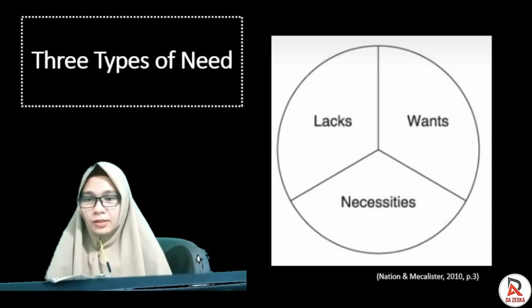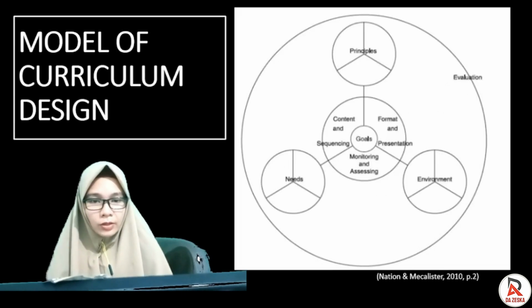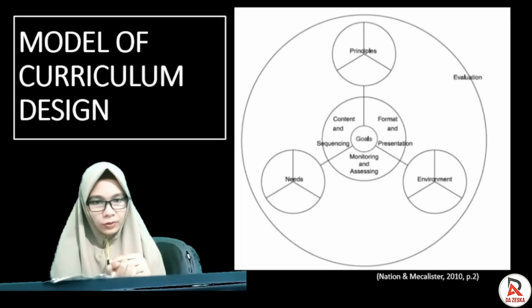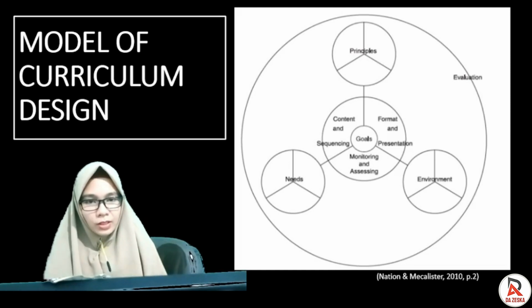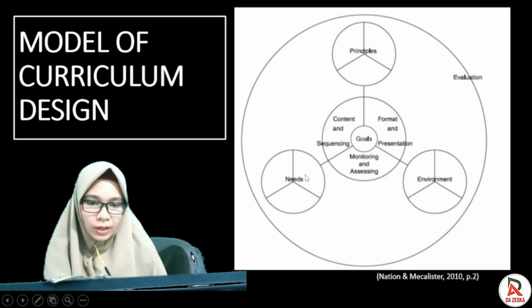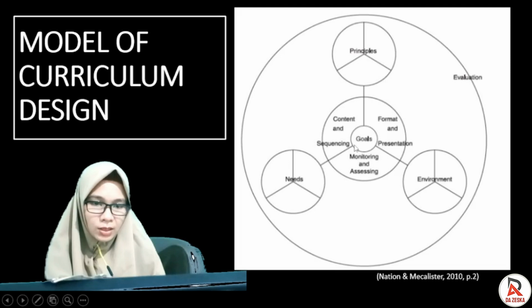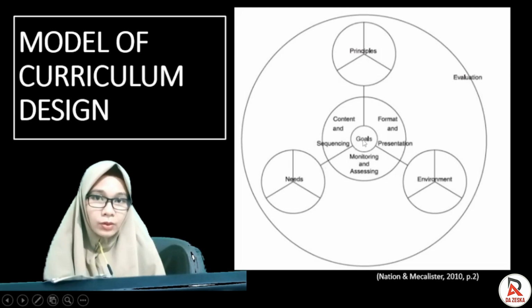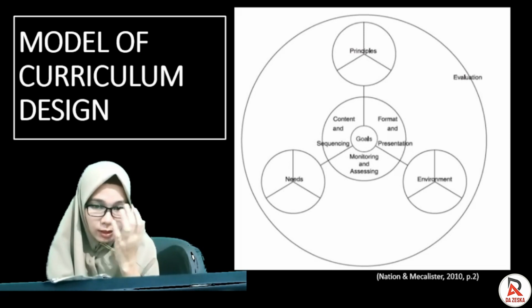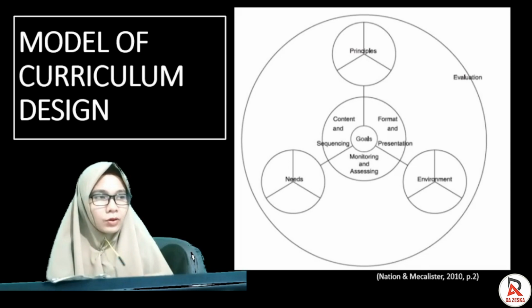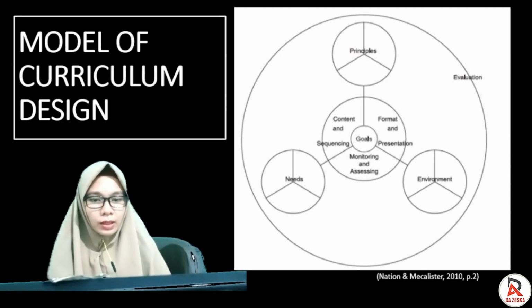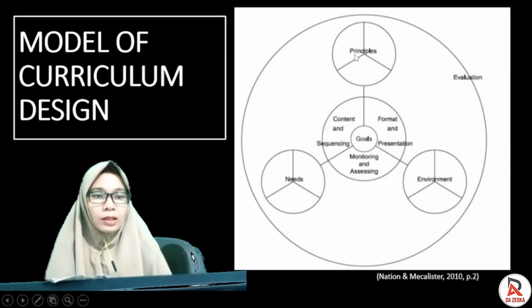I think these three types of needs are really clear, so we will refer back to the previous models. So these are the models we've done with the needs, and here you may see the line for the needs that goes to goal. So after you plan the needs, you've done the analysis for needs, you refer back to goals, whether it's just the goals or not.